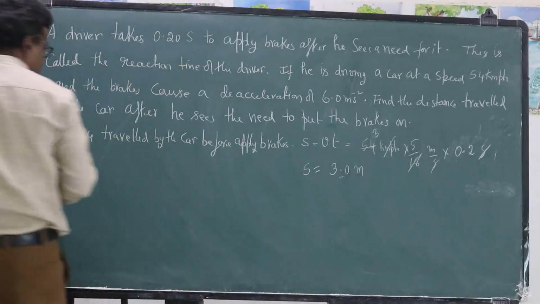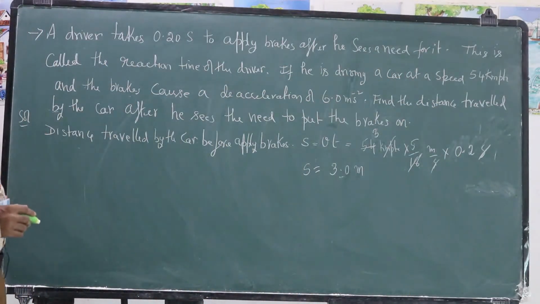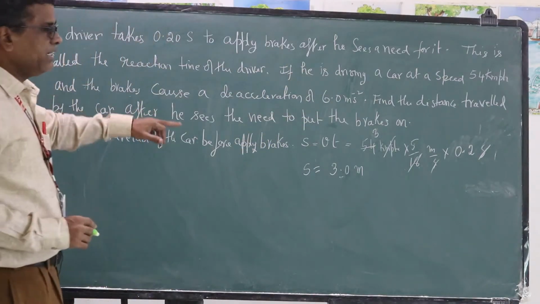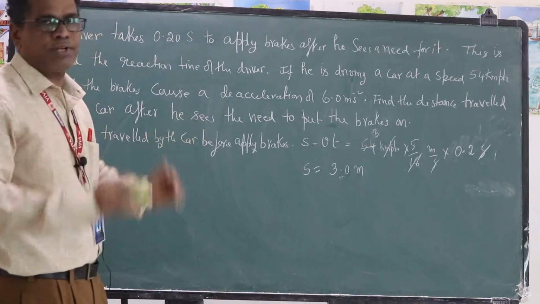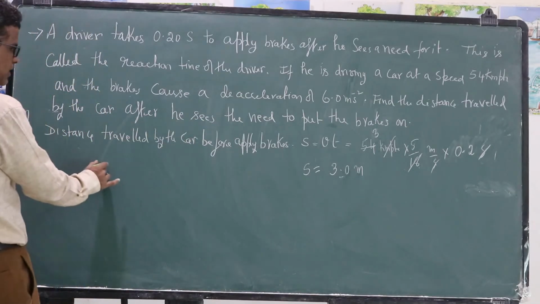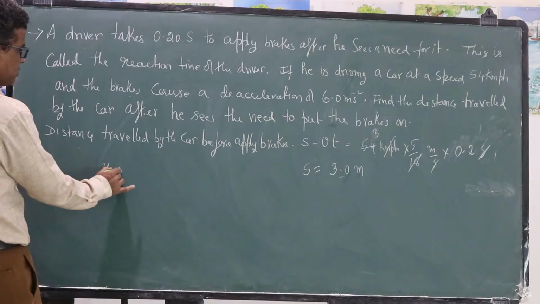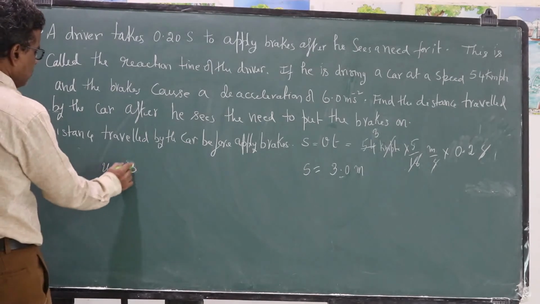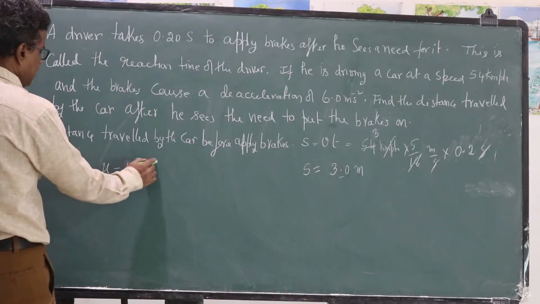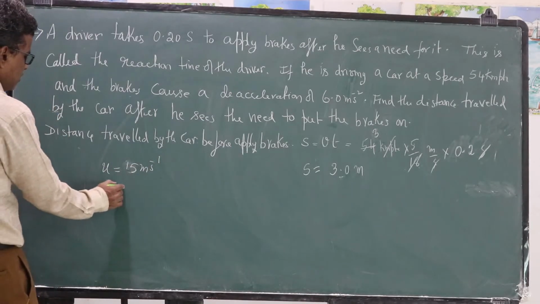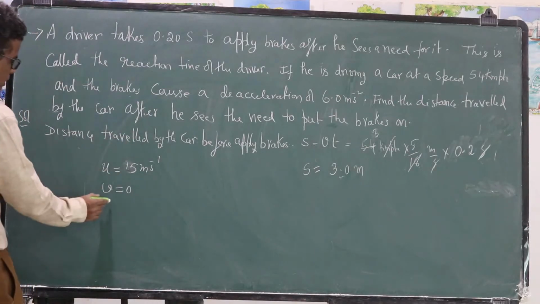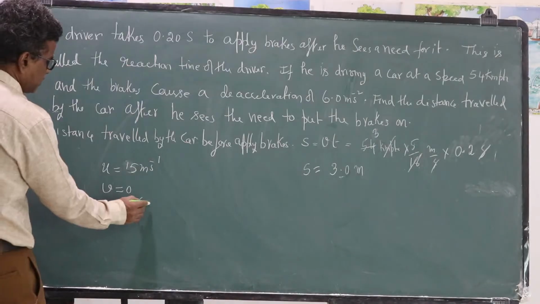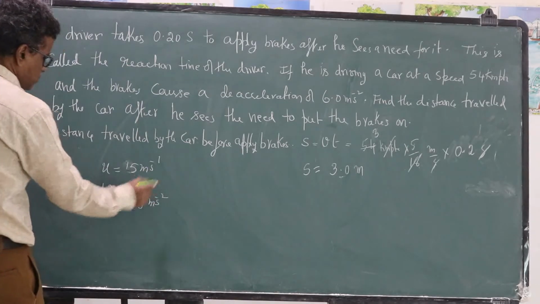After applying the brakes, the car starts decelerating and finally comes to rest. The initial velocity is 15 meters per second, and the deceleration is 6 meter second to the power minus 2.